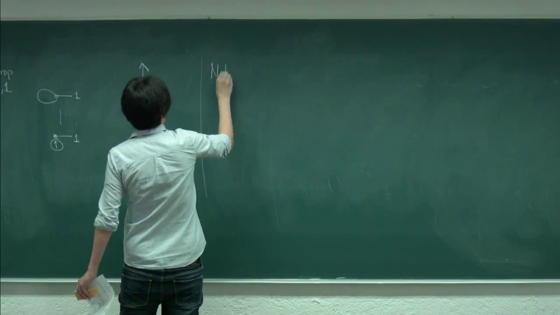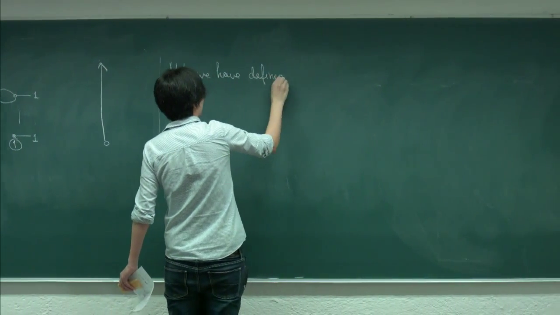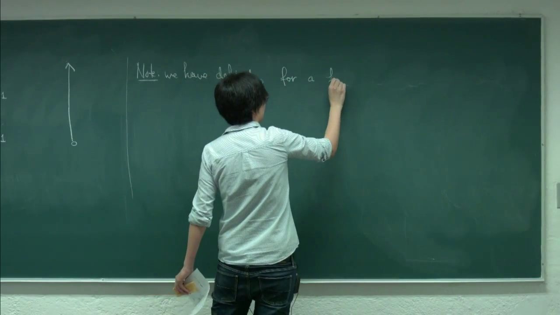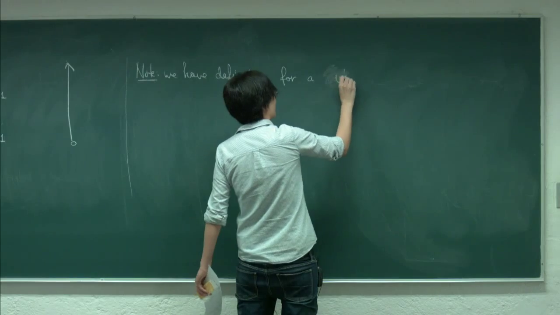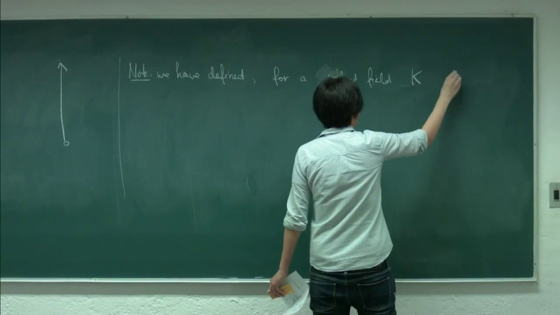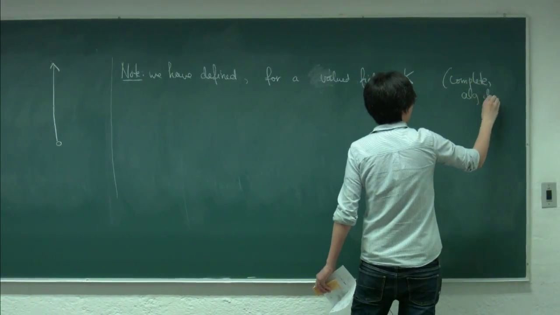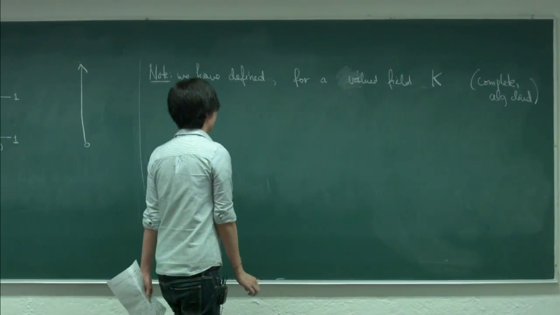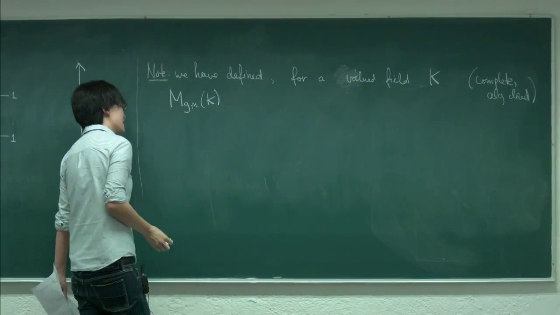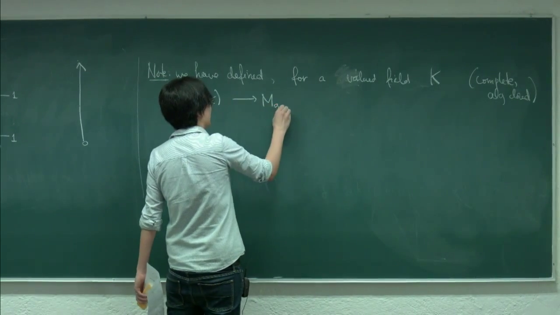So note, we have defined now, for a fixed valued field K, complete and algebraically closed, etc., but that's not too important, a map of sets, M_{g,n}(K) to M_{g,n} trop.